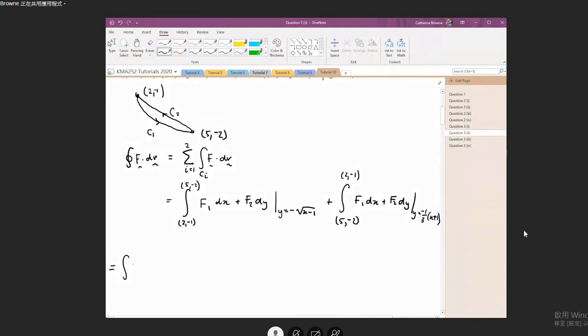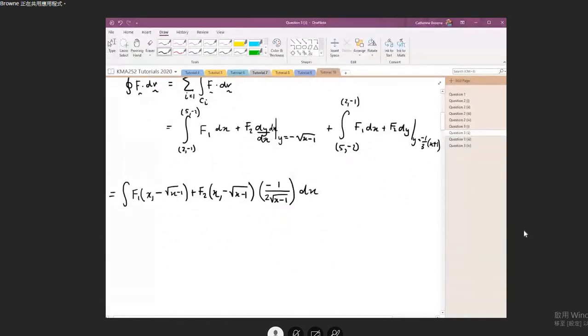So the first one would be like this. And then we'd need this dy dx here. We're going to do it like that. In this case, that's minus 1 over 2 times the square root of x minus 1. And so if we're just integrating with respect to x, I just need the x limits really.